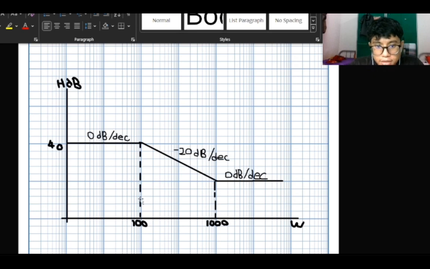And the second one is 100 omega to 1000 omega. It begins to decrease, which is a slope of negative 20 decibel per decade. So at 1K, the third one, it remains constant again, which is 0 decibel per decade.